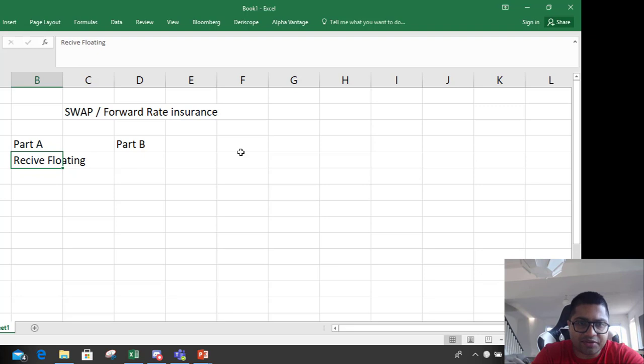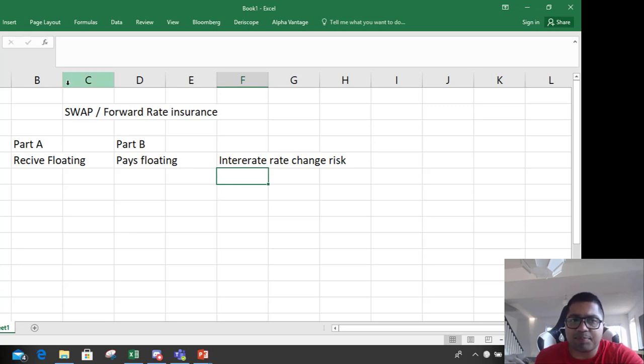So it receives floating, right? Party B pays floating. Okay, there are two parties. Party A is receiving floating, party B is paying floating. Now both of them have the risk that interest rates would change.